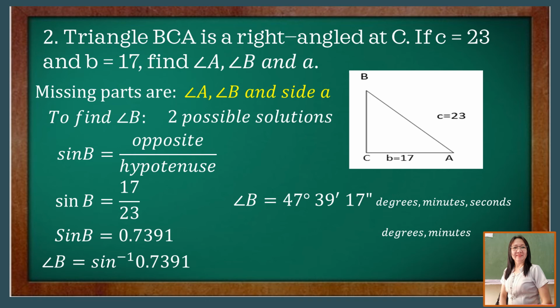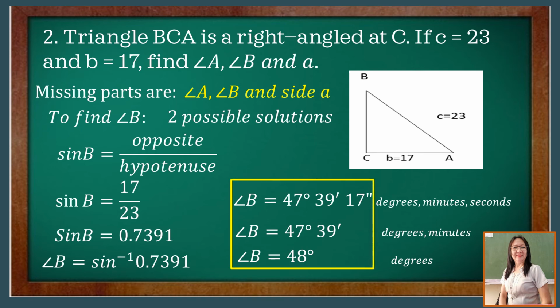So, therefore, we have to retain our minutes. So, angle B is 47 degrees and 39 minutes. Or, if this is in terms of degrees, the final answer is angle B is 48 degrees, since 39 minutes is more than 30.